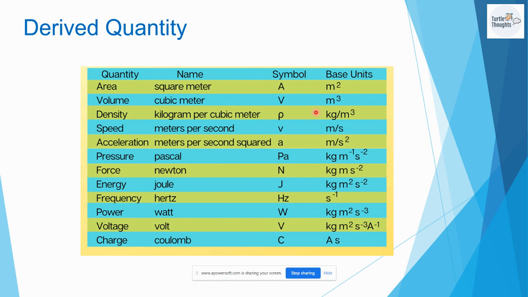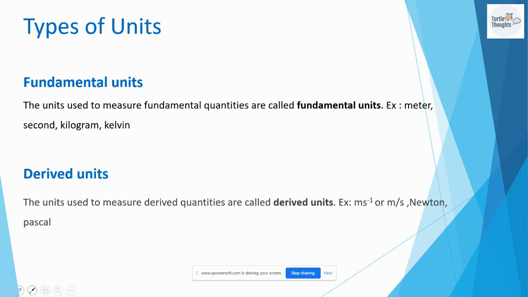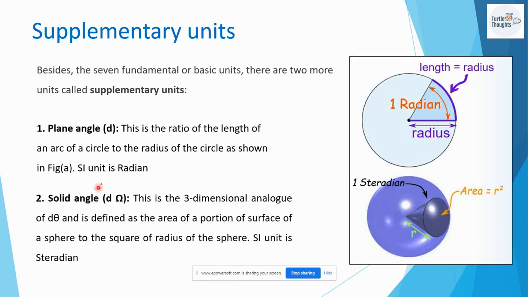Any combination of two or more fundamental units is going to be a derived unit. Apart from your seven fundamental units, you have two more units that are categorized under supplementary units. The first one is the plane angle, the second one is the solid angle.